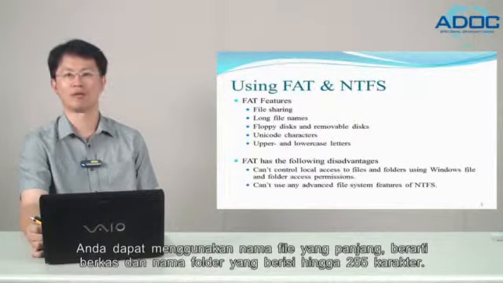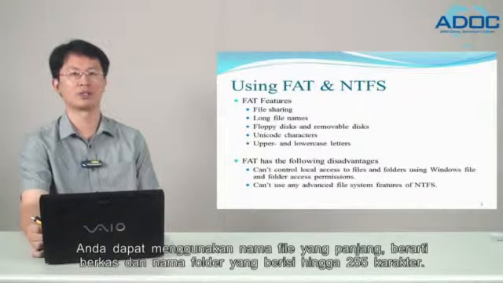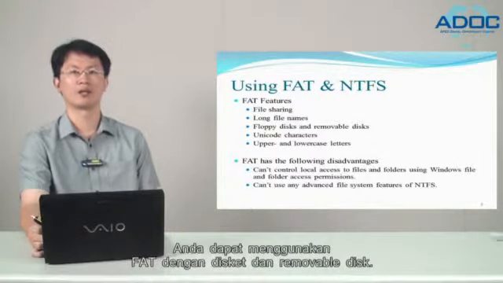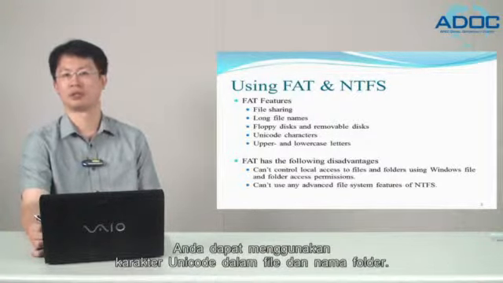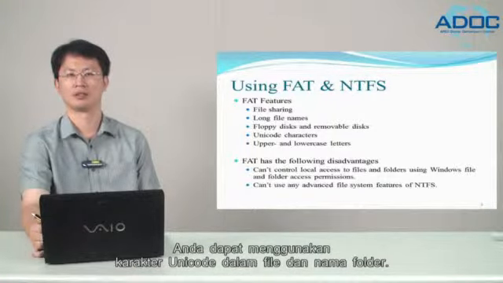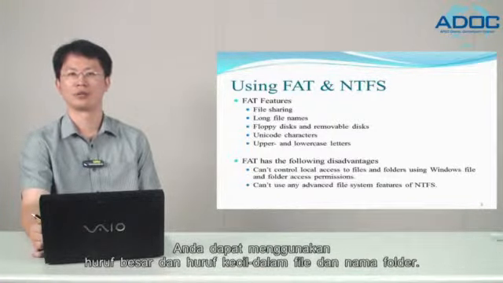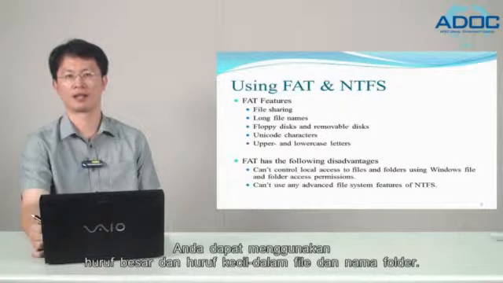You can use long file names, meaning file and folder names containing up to 255 characters. You can use FAT with floppy disks and removable disks. You can use Unicode characters in file and folder names. And you can use upper and lowercase letters in file and folder names.